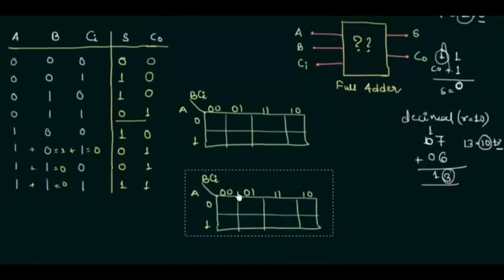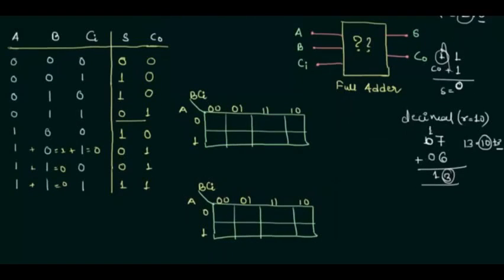So let's copy it down, and now we'll move to fill up this map. So let's fill it down. It is for sum, and this K map is for the carry output. So 0 1 1 0, and 1 0 0 1.